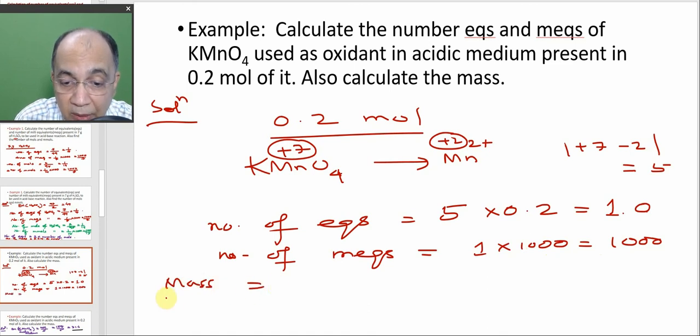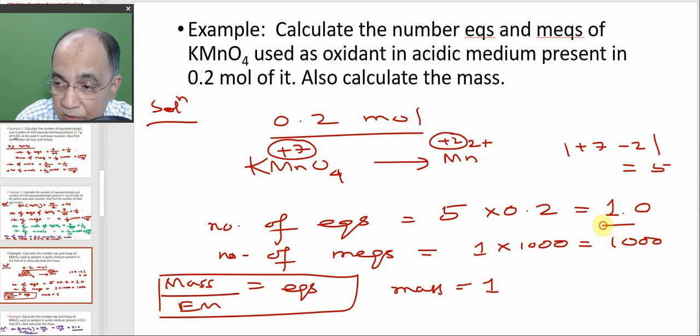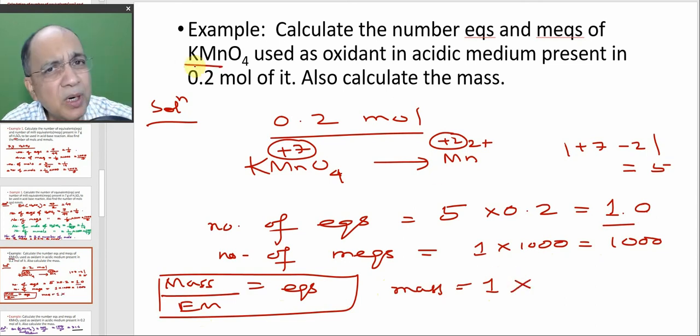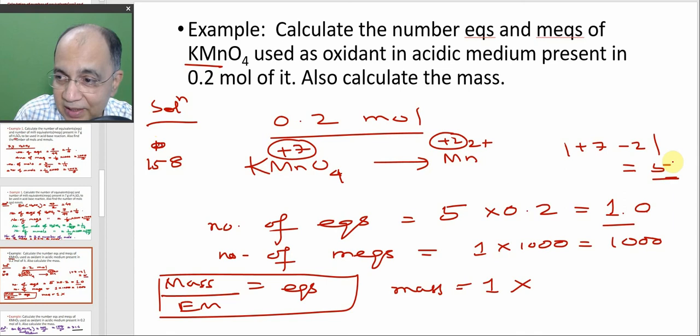And what is the mass? You know, mass by equivalent mass is the number of equivalents. So mass is equal to the number of equivalents, 1, into the equivalent mass of KMnO4. Do you remember the equivalent mass of KMnO4 in acidic medium? I remind you, 158 was its molecular mass and 5 is the n factor.